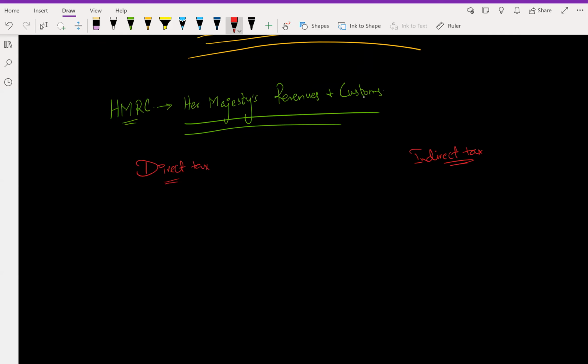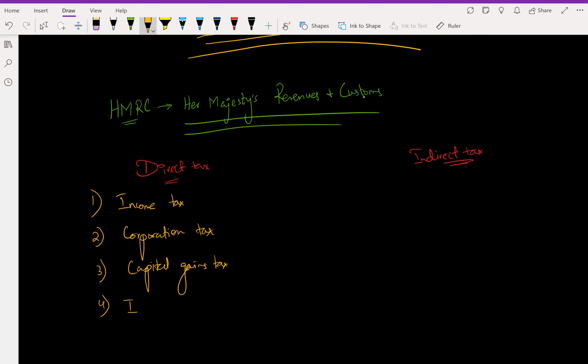For example, your basic income tax, your corporation tax, capital gains tax, and inheritance tax.